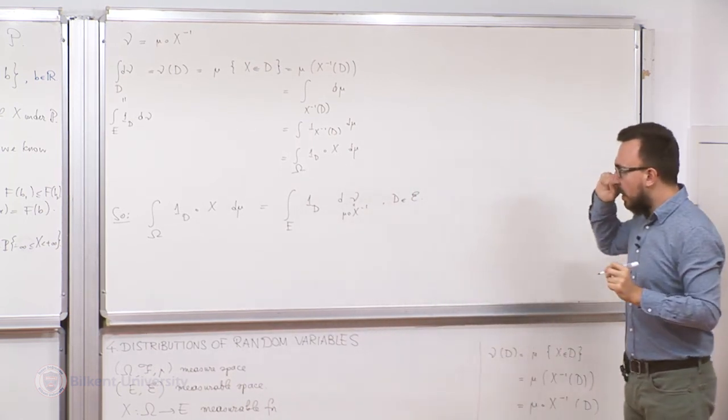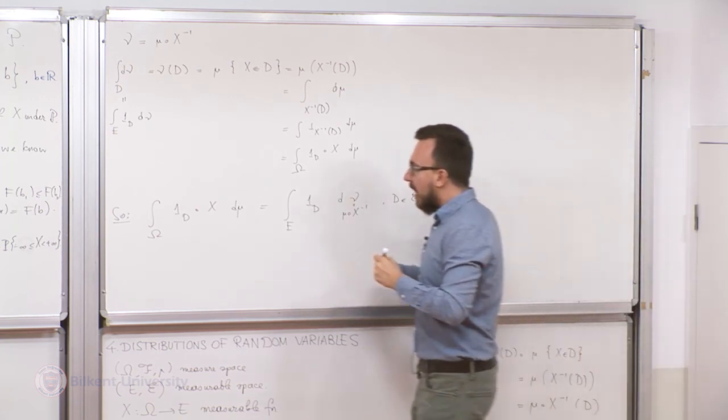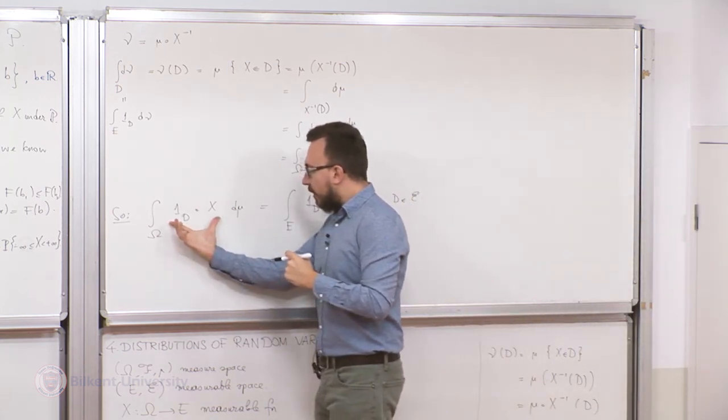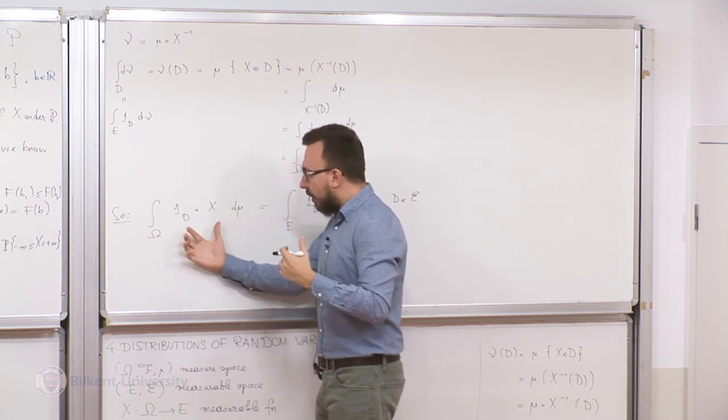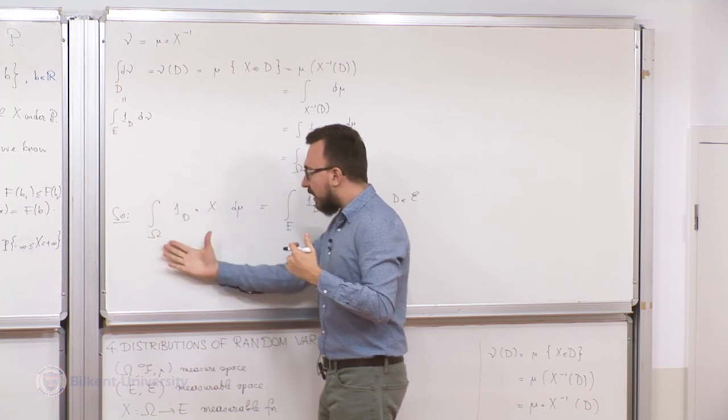So I'd like to calculate the probability that X takes values in D. In theory, I need to calculate an integral over omega.